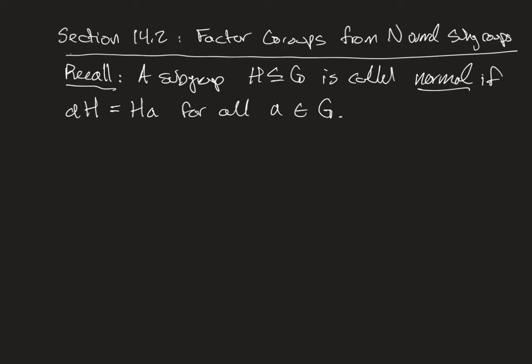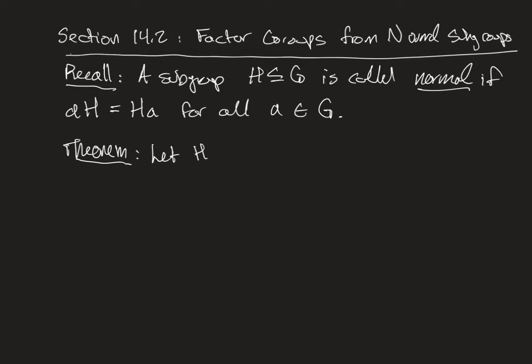So the theorem is that this is all we need to define coset multiplication. And actually, if coset multiplication is defined, then the subgroup has to be normal.